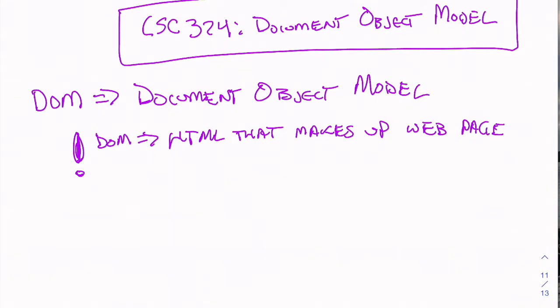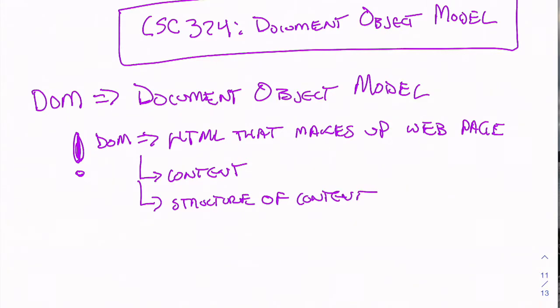And by manipulating that HTML, we're actually able to manipulate the content, the structure of the content. We're able to manipulate the style as well, so we can manipulate the CSS. So basically, JavaScript can manipulate the HTML, the content inside any element tag in the HTML. It can move HTML elements around. It can also manipulate the CSS.